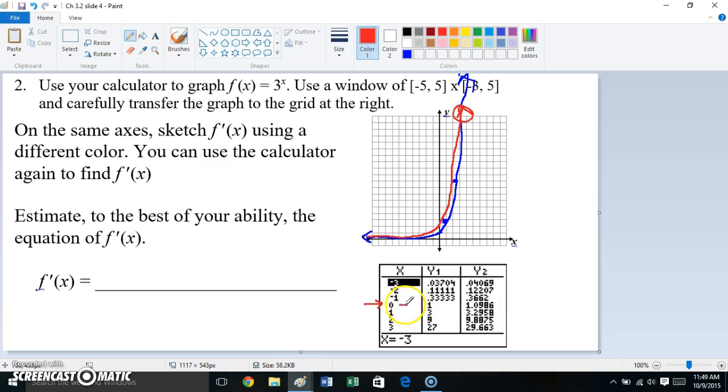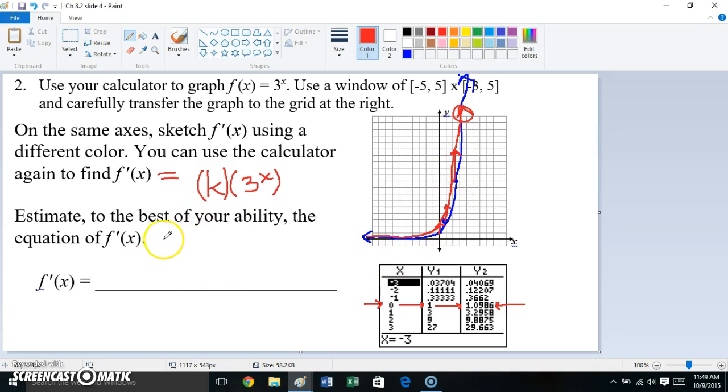The derivative looks a lot like 3 to the x, but this time the scale factor is not less than 1, it's greater than 1. So we've stretched those y values to become taller than what they used to be.